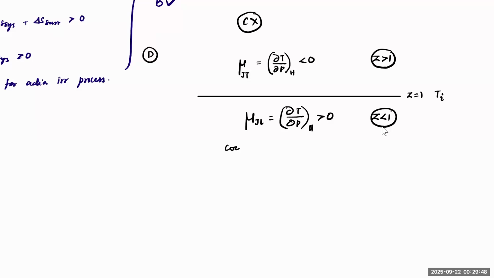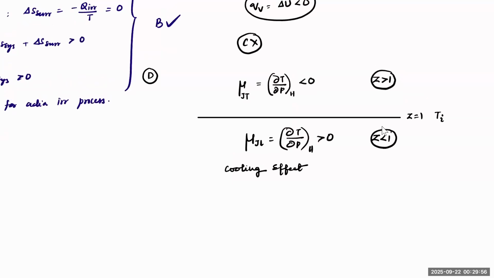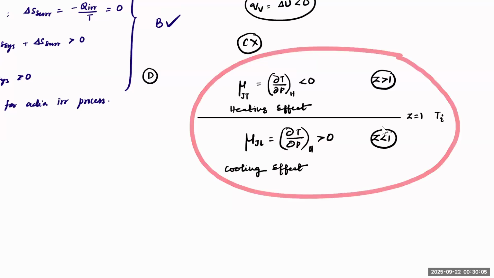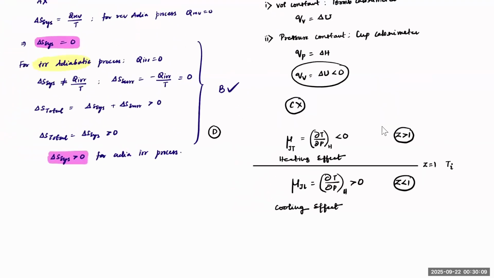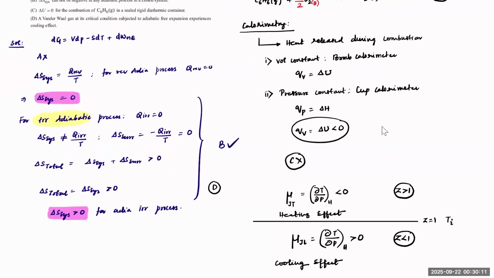So remember, below the inversion temperature, cooling effect is observed. Above the inversion temperature, heating effect is observed. This is a concept we discussed earlier in the gaseous state. If you could recall, attempt that for this question.